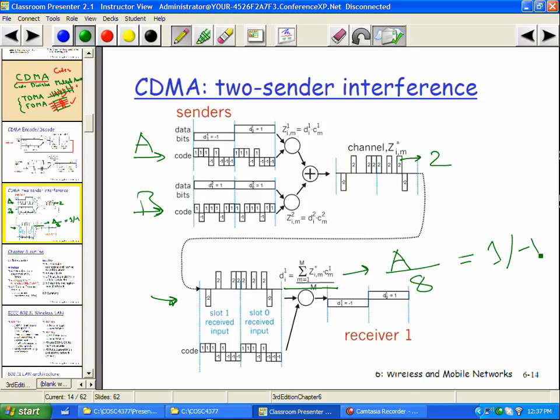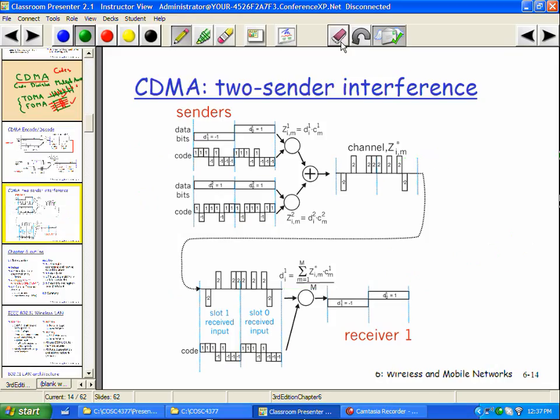So this is an example where 2 different people are sending with different codes, and then it adds up to 2's and minus 2's, and then when you receive it, you decode. In case you're wondering, why do you get 2's and minus 2's and nothing in between?